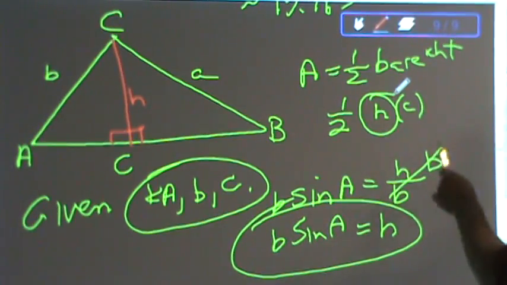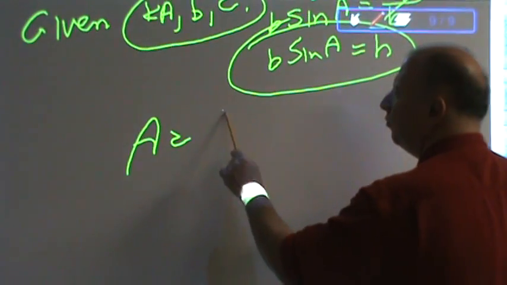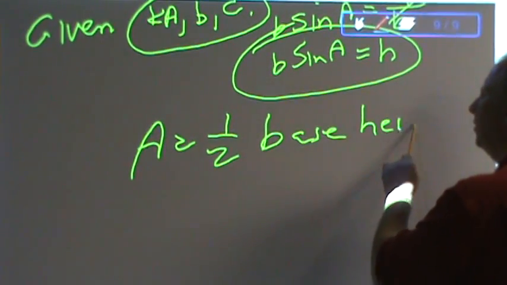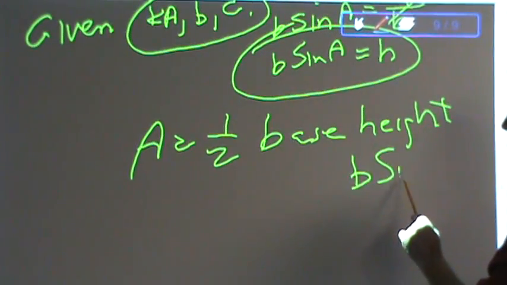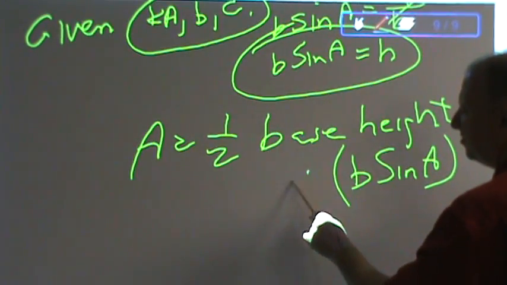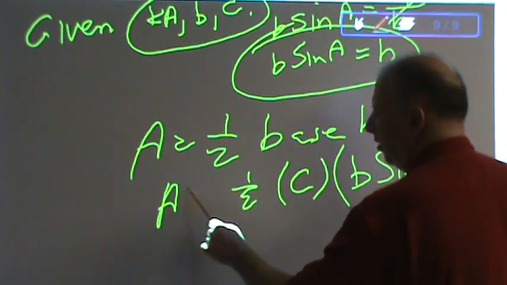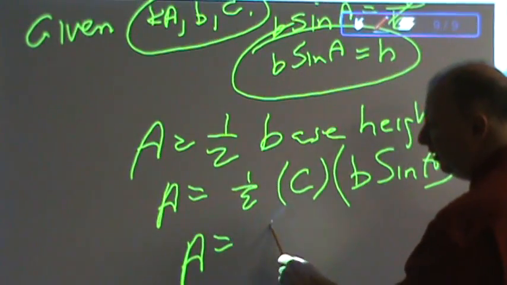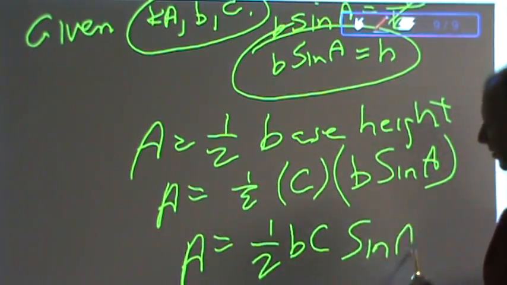So wherever I see H above, if the area is equal to 1/2 base times height, and I know my height is B sine A, and I know my base was C, I can say the area is equal to, and we put it alphabetically, 1/2 BC sine A.